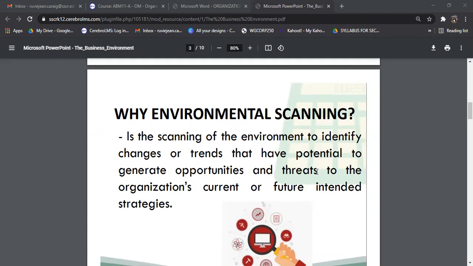So kung makikita nyo kasi business environment, okay, environment pa lang, 'di ba? Alam niyo na agad na ito yung inside and outside of the organization. Okay? So, tatandaan nyo class ang difference ng business sa industry. Pag sinabi kasi natin class na business, okay, let me just draw a big circle.